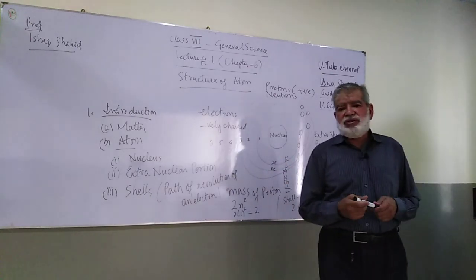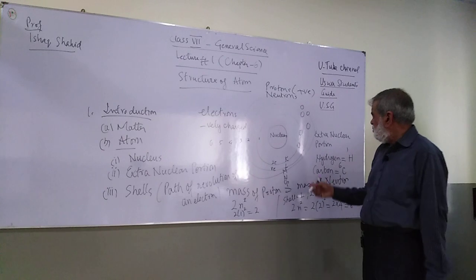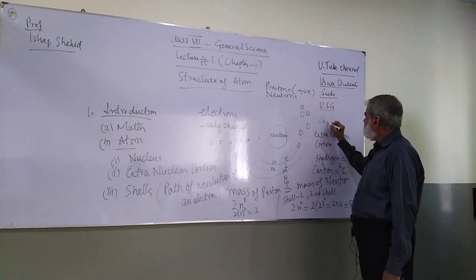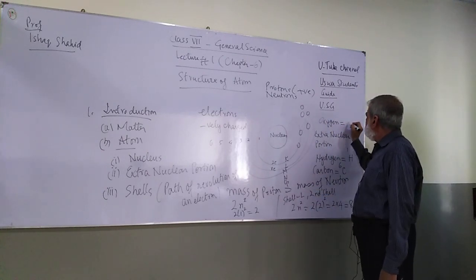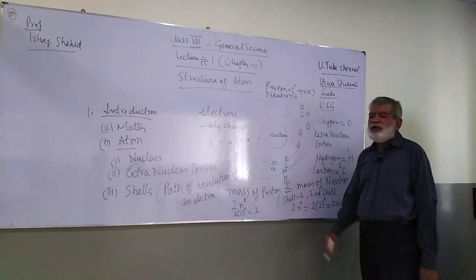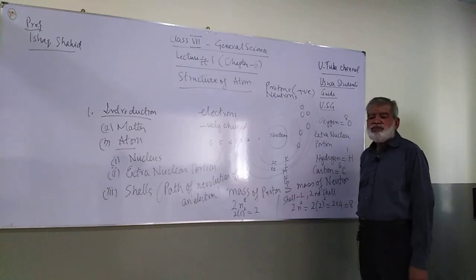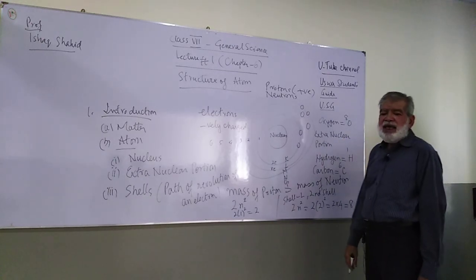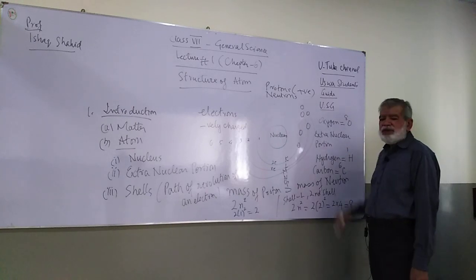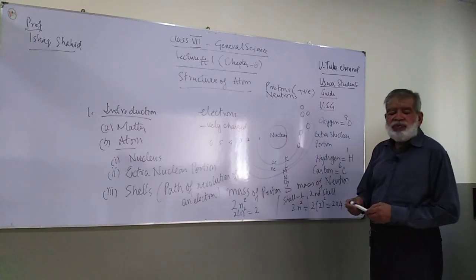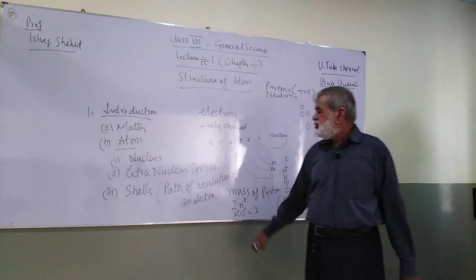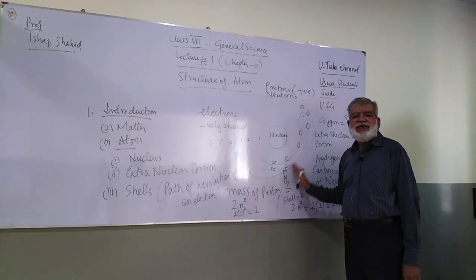Then comes oxygen. The symbol is O. It has 8 protons in the nucleus and 8 electrons revolve around it. They are distributed as 2 in the first shell and 6 in the second.